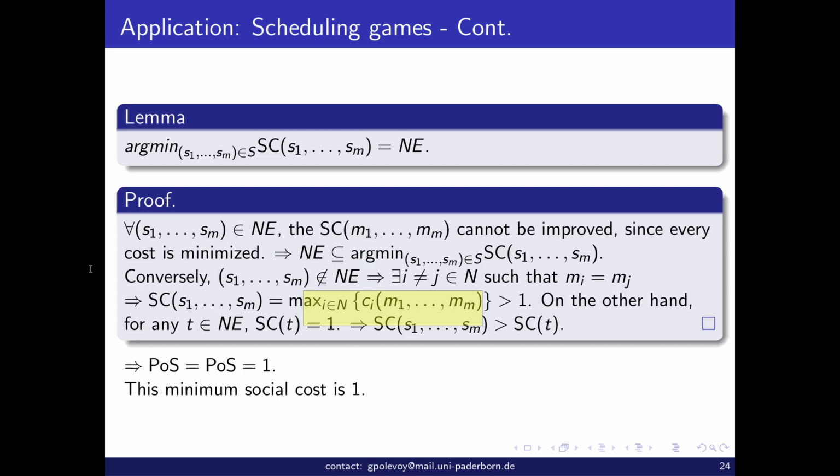So the price of anarchy equal to price of stability is equal to 1. And that minimum social cost, which is achieved in any equilibrium, is 1.